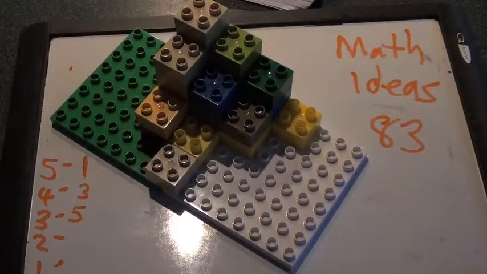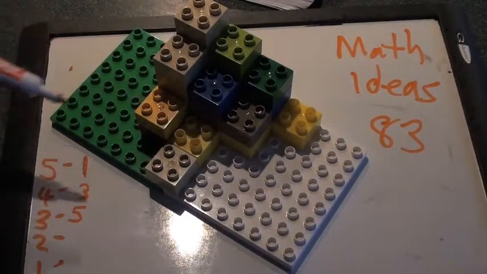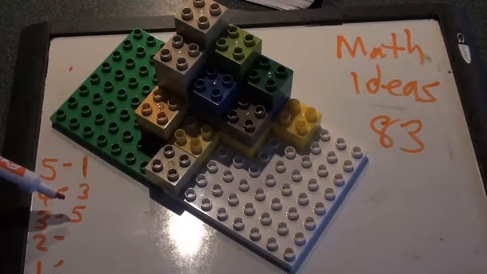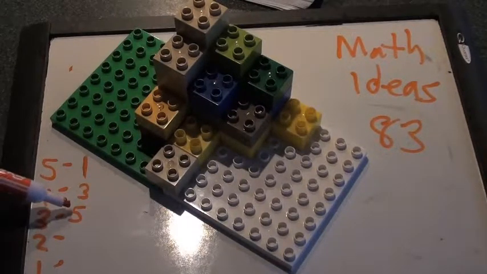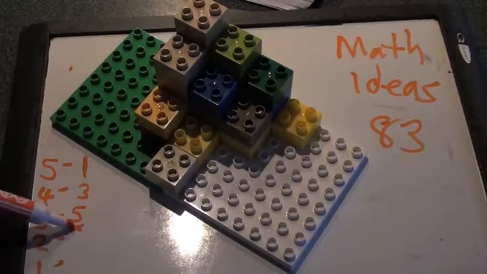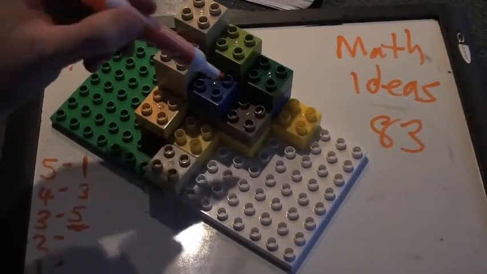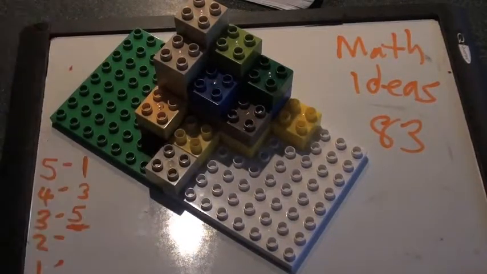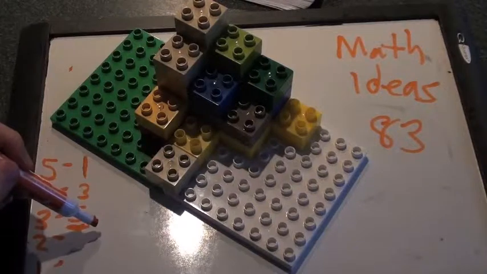So it's 2 plus how many are hidden? How many blocks did we have on the previous layer? The previous layer is 5. Okay, so there's 2 new ones we can see and 5 hidden ones. So 2 plus 5 is? 7. Very good.